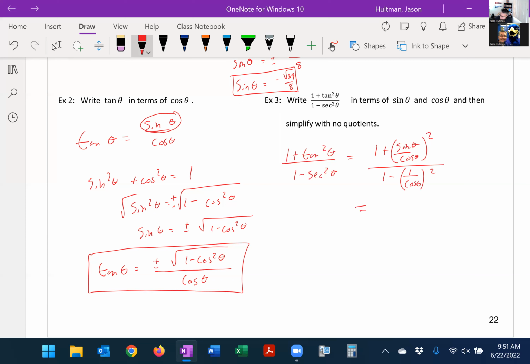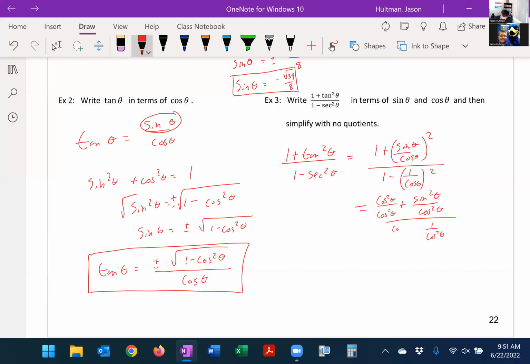Okay, so this is going to be equal to 1 plus sine squared theta over cosine squared theta, all over 1 minus 1 over cosine squared theta. Now, what I want to do is get a common denominator, cosine squared theta. So I'm going to change these ones into cosine squared theta over cosine squared theta.